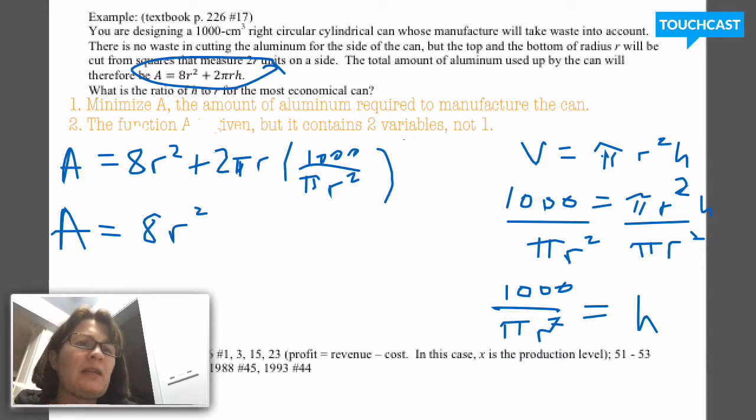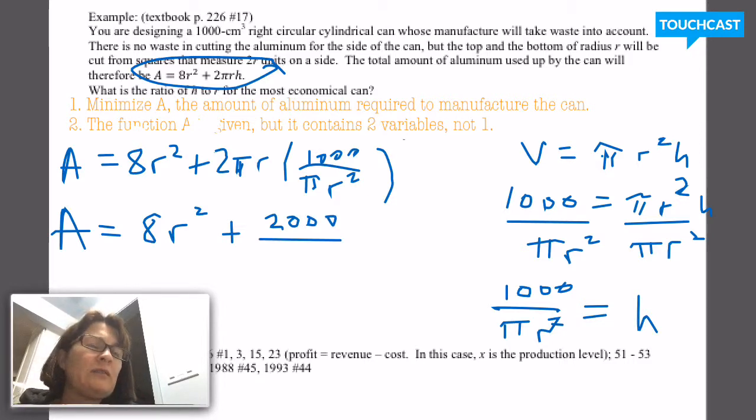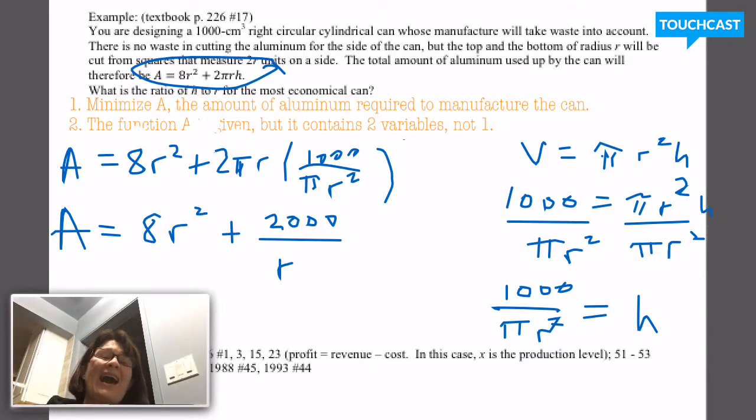The 2 multiplies the 1,000 to make 2,000. The pi's cancel. I have an r here and an r squared in the denominator, so I'm going to have r in my denominator. So now I've finally finished with step 2. I have a formula, A equals 8r squared plus 2,000 over r, and that's the function I want to minimize.